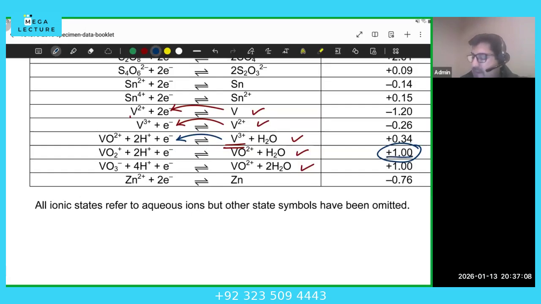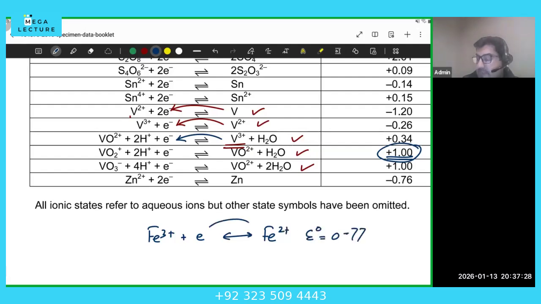Because the potential of the species that loses electrons became higher than 0.77. As long as Fe3+ at 0.77 was the higher potential, it kept on gaining electrons, and these other ones, at minus 1.2, minus 0.26 and 0.34, kept on losing electrons.